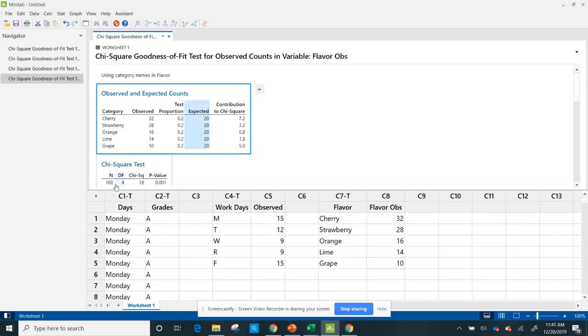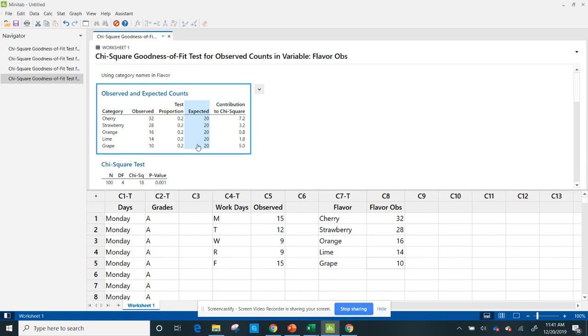The expected is a little bit different. In this case, I do have a sample size of 100. In the last example, I had a sample size of 60, so my expected were different. So to get my expected, it's my sample size divided by my number of categories. In this case, it's almost the same as my proportions, but just know it could be different.